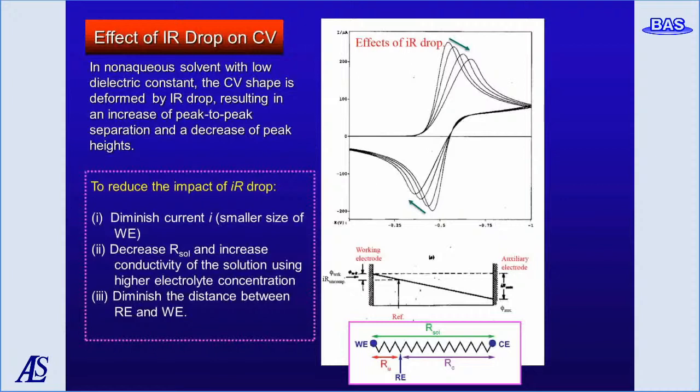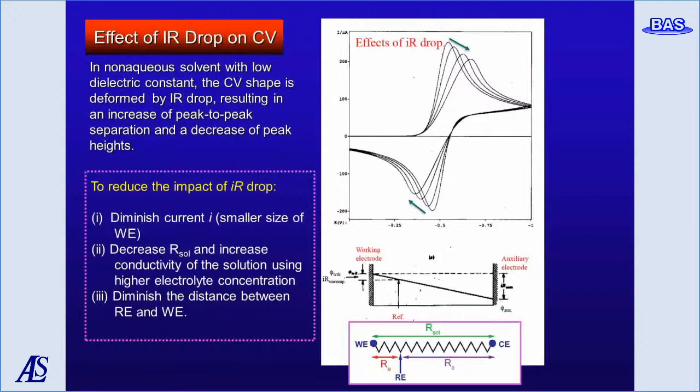The IR drop affects the CV shapes, that is, an increase of peak-to-peak separation and a decrease of peak height. To reduce the IR drop effect, three methods are effective.